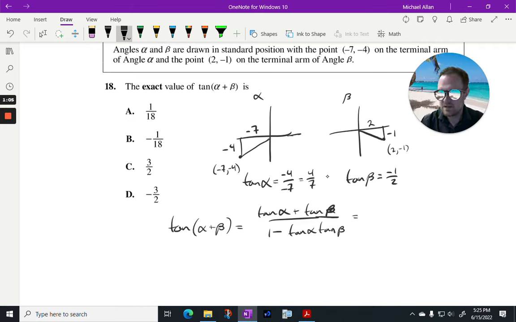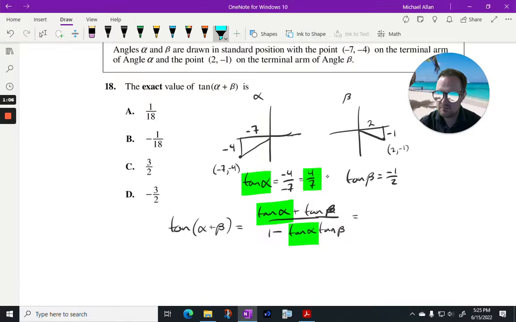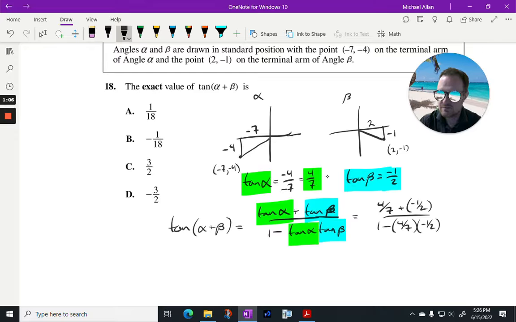So now, wherever we see a tan alpha, I can put that in those two spots. And wherever I see a tan beta, here's tan beta right here, I can put it into these two spots. So tan alpha is 4 over 7 plus negative 1 over 2, over 1 minus 4 over 7 times negative 1 over 2.